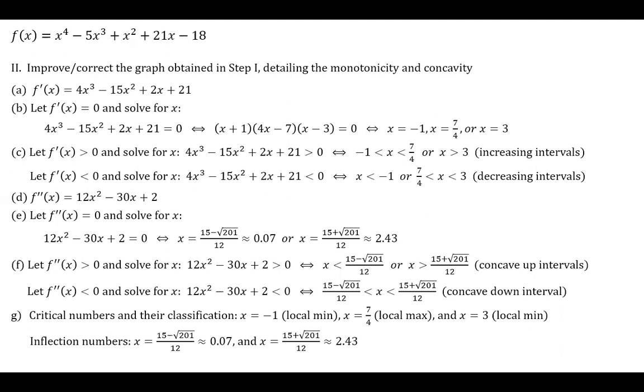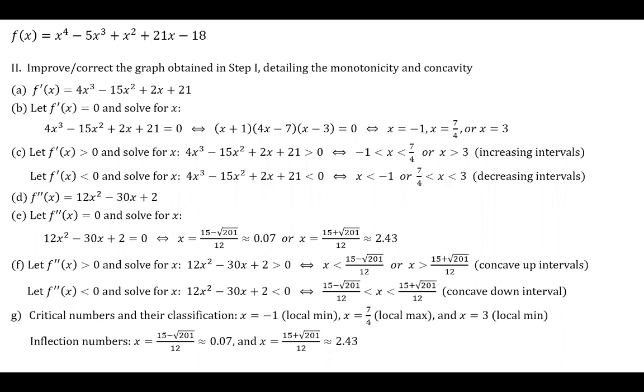So first of all, let's solve the equation second derivative equals 0. This gives us x is either (15 minus square root of 201) over 12, which is approximately 0.07, and the next solution is x equals (15 plus square root of 201) over 12, which is approximately 2.43.